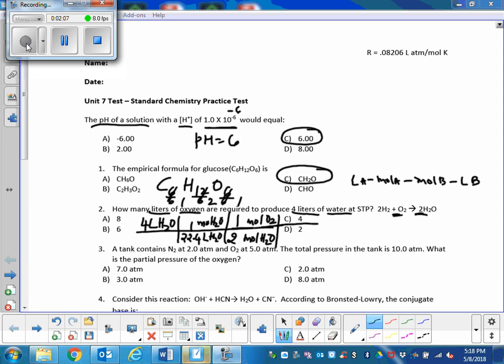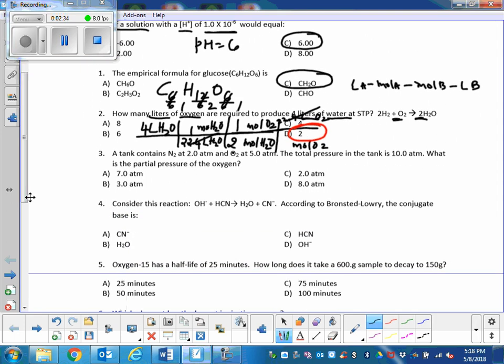Now I have to get rid of moles of oxygen and convert it into liters, which is again 22.4 liters of oxygen. So liters of oxygen will cancel out. All I'm left with for my math portion is 4 divided by 2, which will be 2. So my answer will be 2 liters of oxygen.